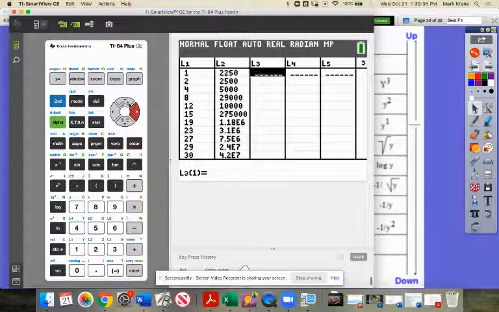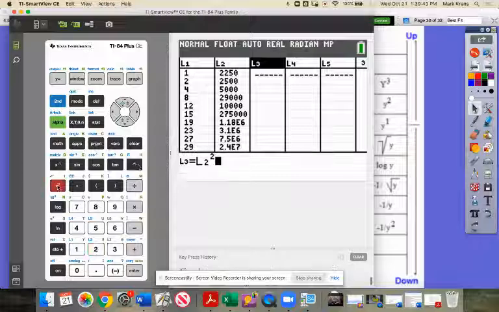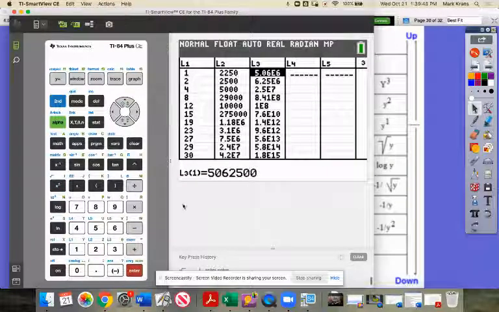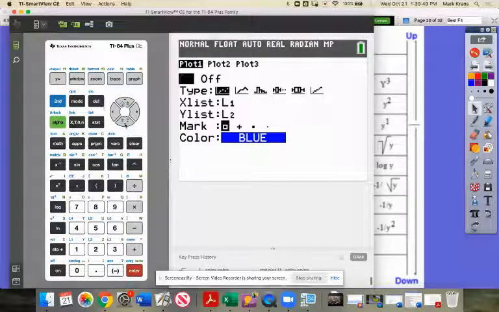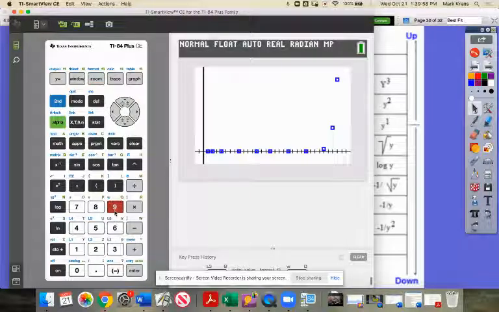Now, I don't want to mess up my L2 because that's my actual y's, but I can let this equal L2 squared. Boom, I just squared all of my data. And now when I do my scatter plot, I want to graph L1 and L3 because that's where my y squared is. Then if I go here, I can hit zoom 9, boom.